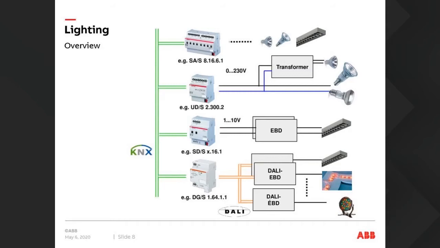Next to that, then, we have the universal dimmer, which is just a 230-volt dimmer sending out to a transformer or direct 230 volts out, just a phase cut dimmer feeding lights and lamps and ballasts and transformers and whatever you have out there. The third method was the old switch dim actuator, which was a 1 to 10 volt dimmer, a pretty old standard, and it was around a long time, but it worked very well.